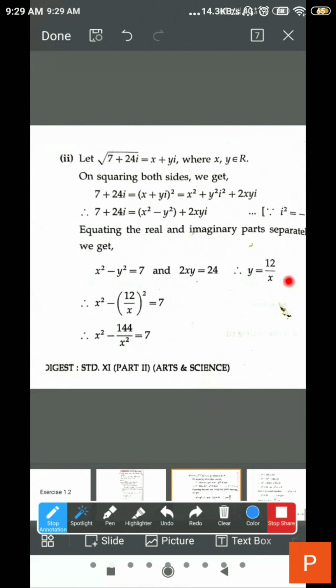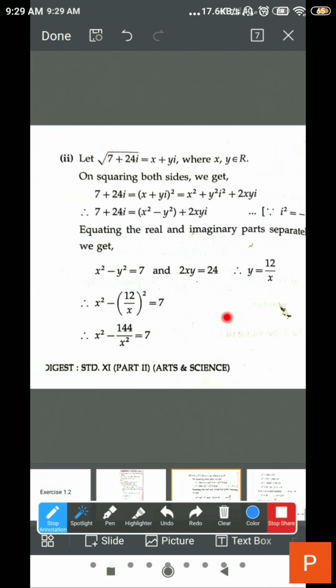Then it will be x square minus (12 upon x) whole square is equal to 7, as we are putting the value of y in x square minus y square is equal to 7. Then make the square of it. It is x square minus 144 upon x square is equal to 7.